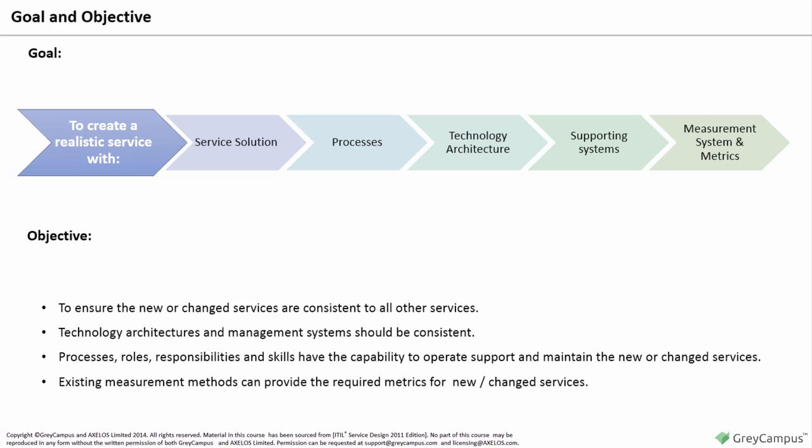Existing measurement methods can provide the required metrics for new or changed services. Service design enforces the principle that the initial service design should be driven by a number of factors, including the functional requirements, the requirements within service level agreements, SLAs, the business benefits, and the overall design constraints.